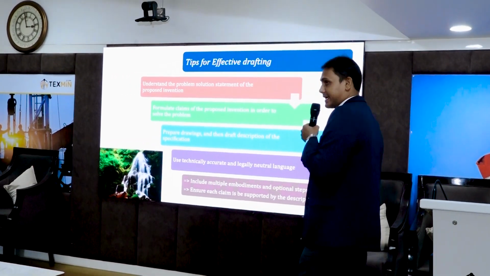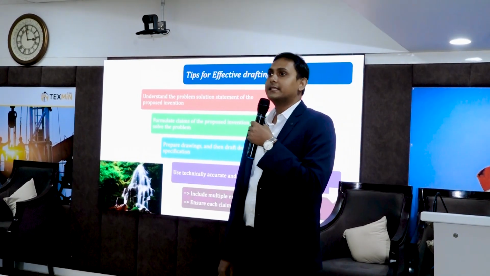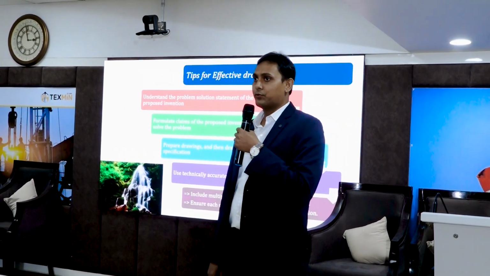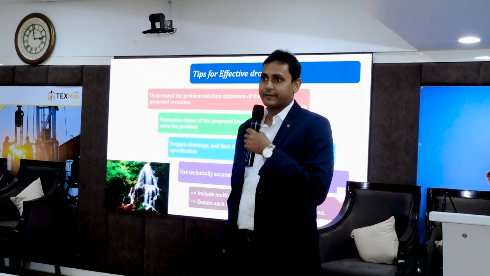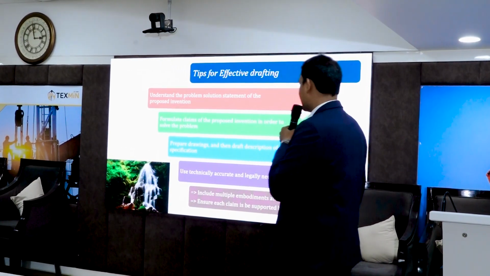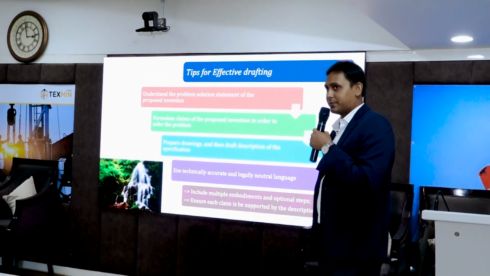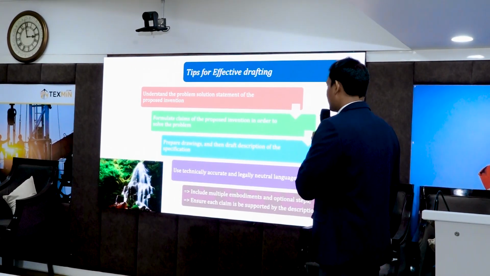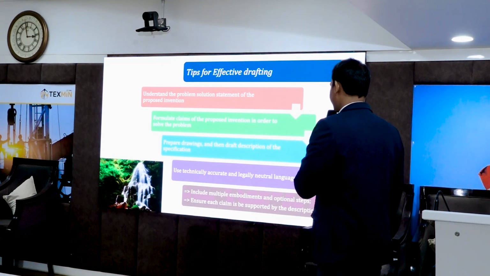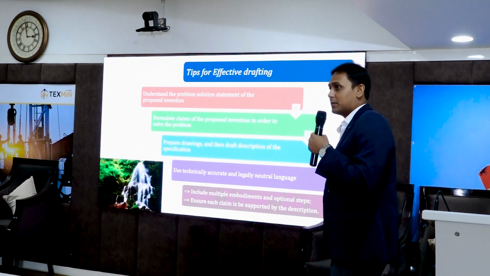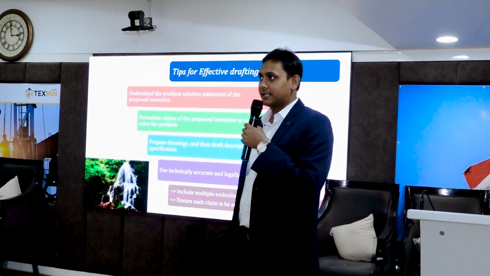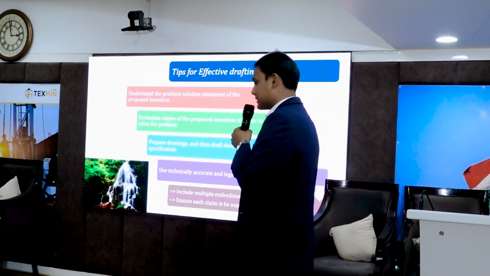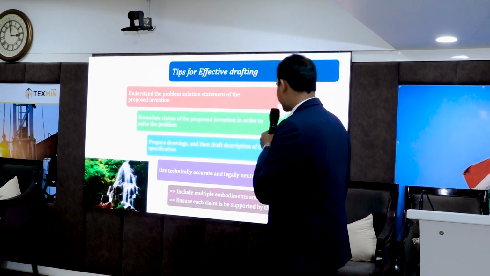As I have already mentioned, understanding the problem-solution statement is the foremost requirement for drafting any good patent specification. So at first we have to understand the problem and solution. Then formulate claims of the proposed invention in order to solve the problem. How we are going to formulate that claim, I will discuss in the next slide.